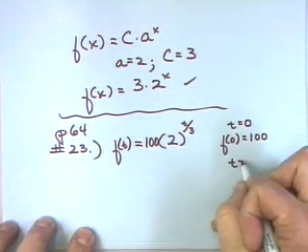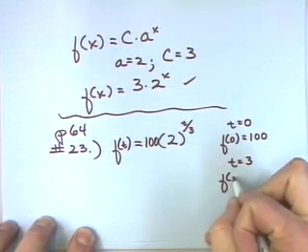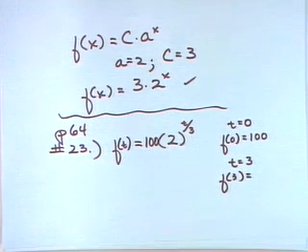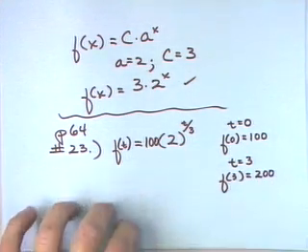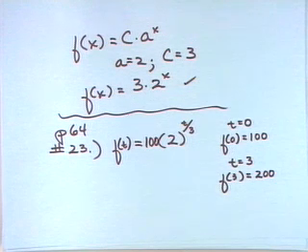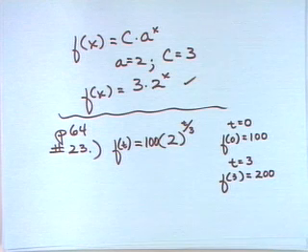And at time 3, if we started with 100, we better have 200. In that sense, it's a lot like the problem we just looked at. Is F of 3 200? It is. And then it should double again after another 3 hours. So there's the function. Let's hang on to that function, 100 times 2 to the t over 3.